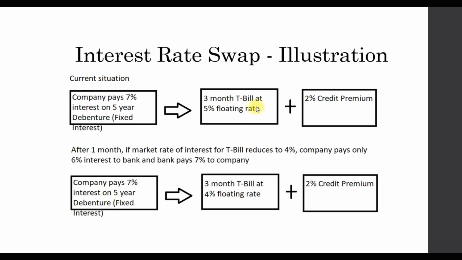As and when the treasury bill rate reduces because of a fall in interest rates in the market, the company benefits. If it becomes 3% or 2%, the total interest the company has to pay the bank reduces accordingly. The bank will still pay the fixed 7% interest to the company. So this is how an interest rate swap works.